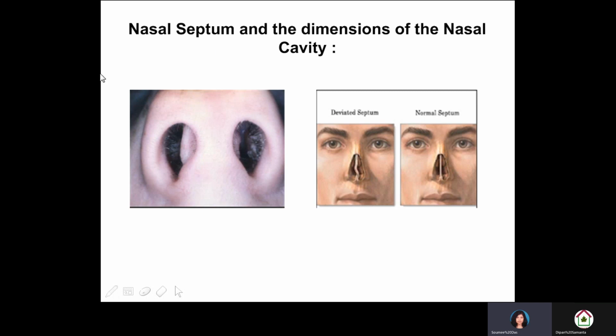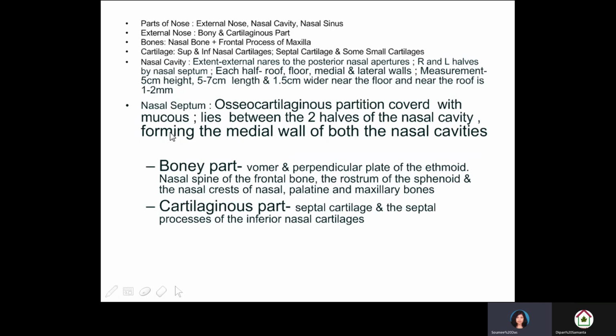The lateral or outer halves are different, but the medial half is composed of the nasal septum only.